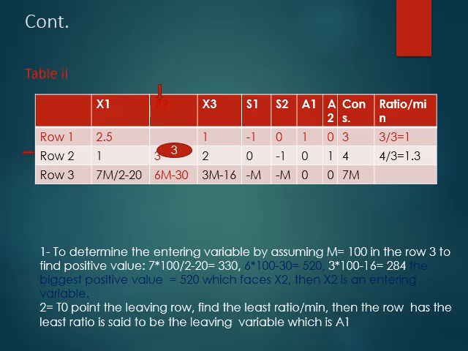Row 1, or between brackets A1, is the leaving variable. X2 is the entering variable. The intersection point between R1 and X2 is set as the pivot element or key element. This 3 is the key element, the intersection point between row 1 and column X2.